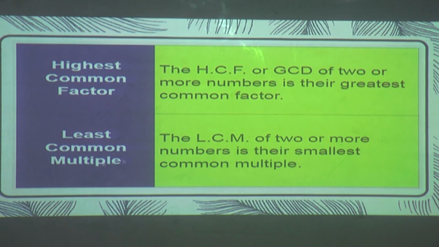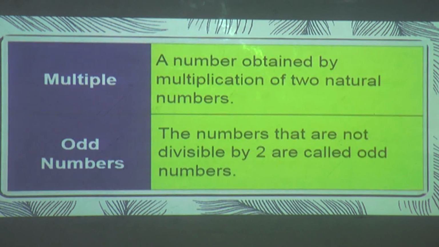Least common multiple. The LCM of 2 or more numbers is the smallest common multiple. Multiple. A number obtained by multiplication of two natural numbers. Odd numbers. The numbers that are not divisible by 2 are called odd numbers.